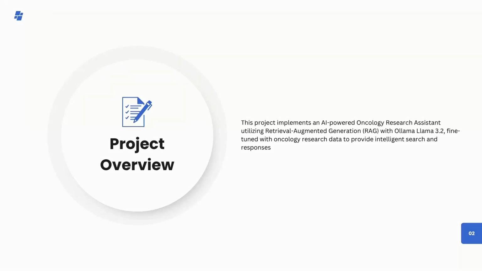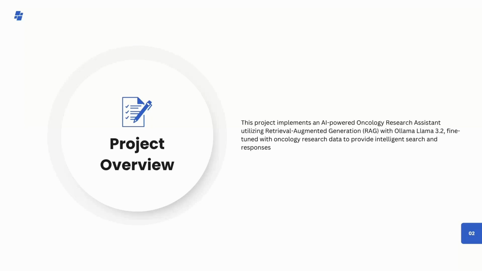Finally, Llama 3.2, a model fine-tuned on oncology research, generates a precise response. This enhances research capability by combining retrieval and intelligent response generation, ensuring users get accurate and contextual answers.